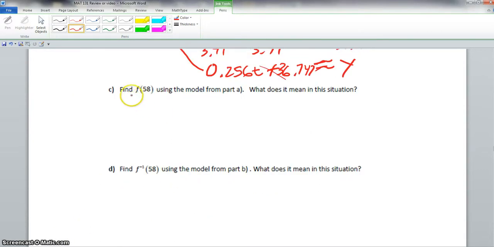Now we go here to C. It says find f of 58 using a model from part A. What does it mean in this situation? So what we need to do is substitute in 58 for t. So we had f of 58 is equal to 3.91 times 58 minus 143.68.